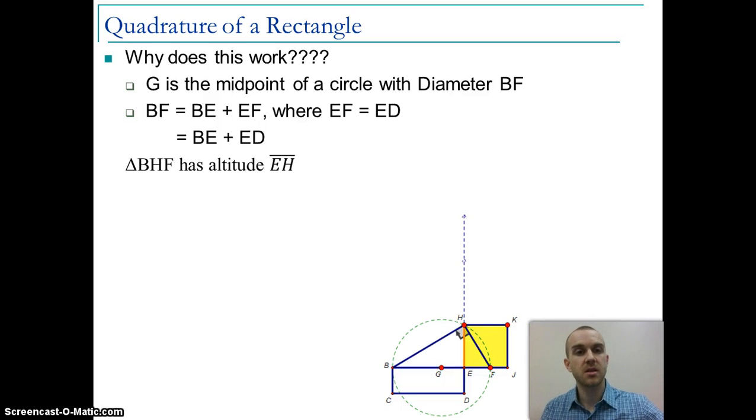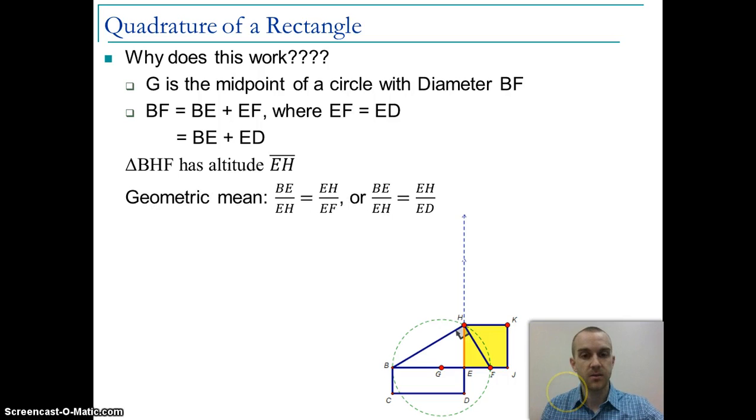And if you think back to the things we've learned in geometry, EH can create a geometric mean with BE and EF. So I could say that BE over EH equals EH over EF, or I could represent that EF with ED, since that's part of my actual rectangle, and they are equivalent.